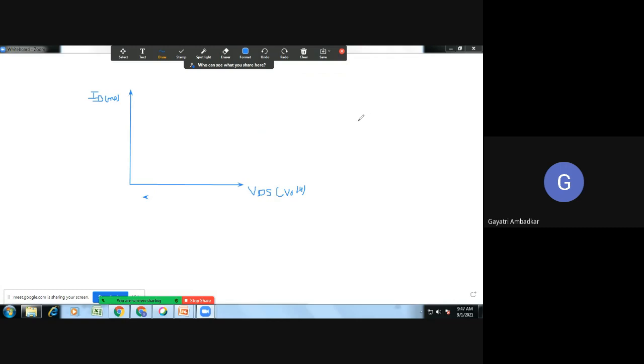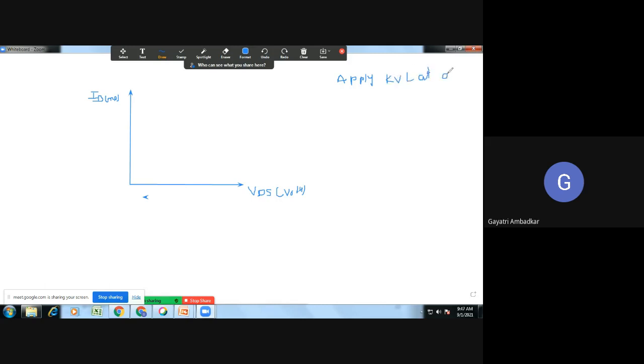Now how to find DC load line? That you know. DC load line is the line which is connecting the maximum value of VDS and maximum value of ID. So how you will find maximum value of VDS and ID? If you apply KVL at the output loop, now you have the screenshot of circuit.